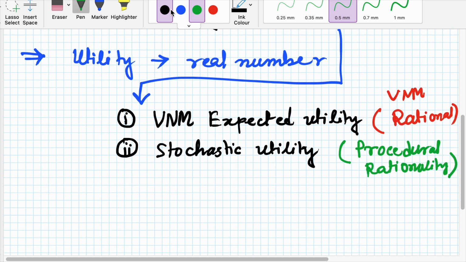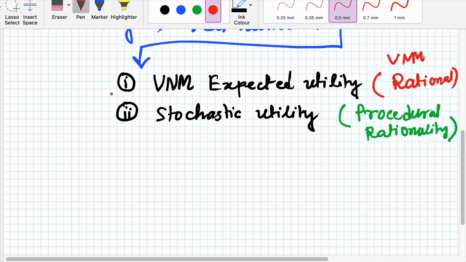Now we have seen the equilibrium concept associated with these two fields.